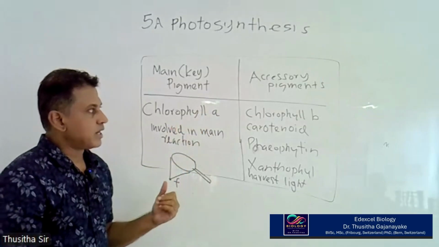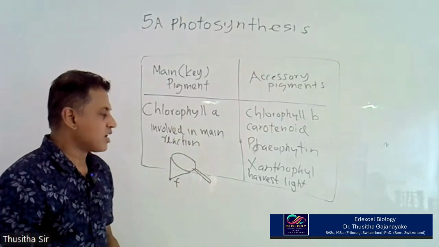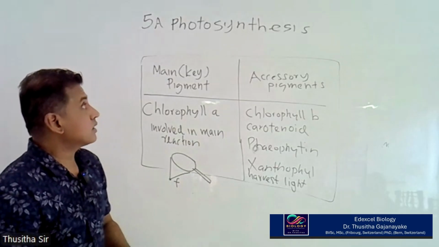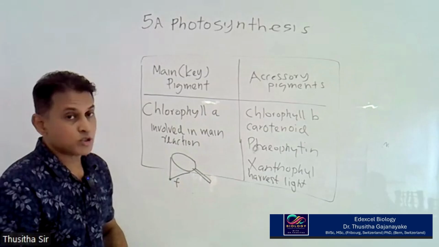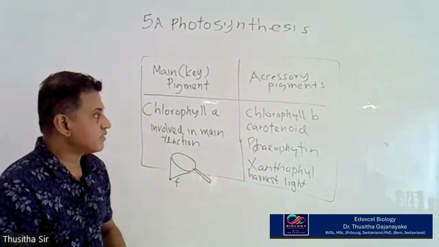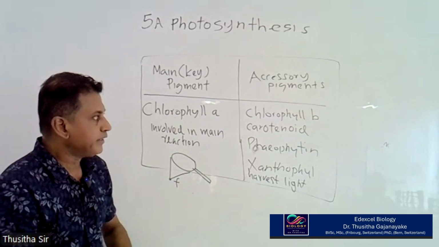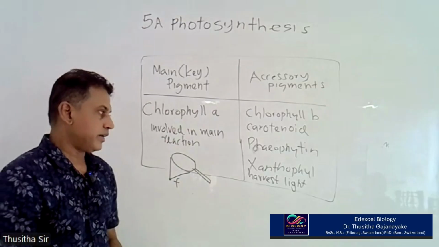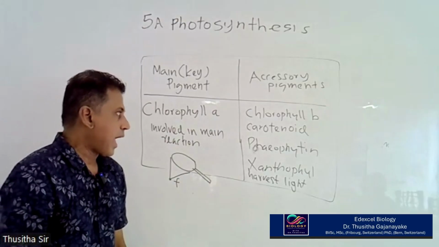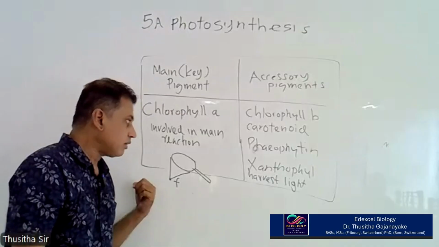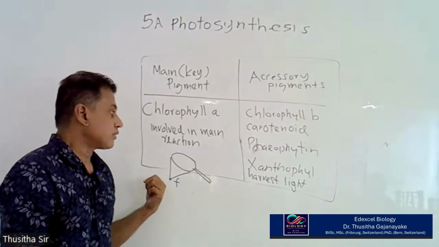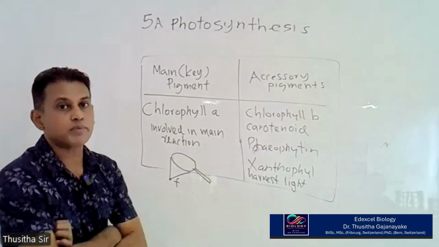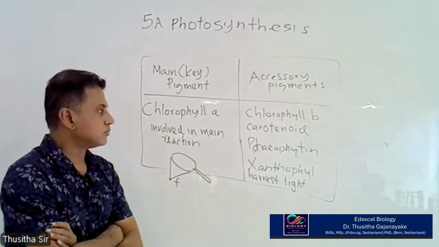So there is a participant question. The question is, what is the role of different pigments in the chloroplast or thylakoid? Describe the role of different pigments in the thylakoid membrane. We should be able to answer this question, so we write a small heading here: the main role of the pigments.